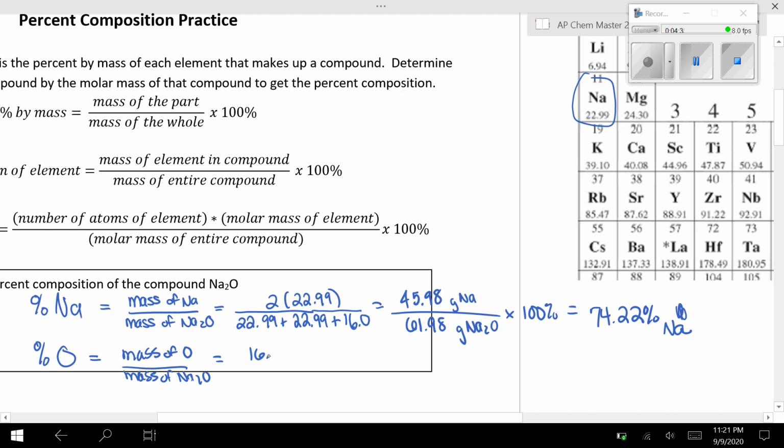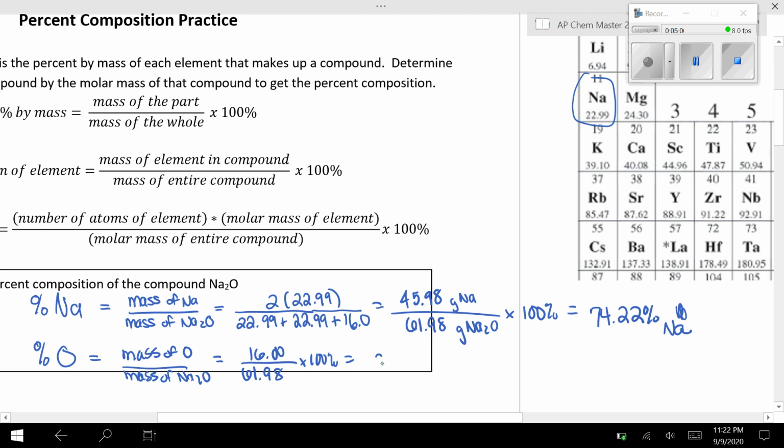The mass of oxygen is 16.00. And then let me just double check that our other one was right: 22.99 times 2 plus 16. Yeah, that seems right. 61.98, and then times 100, and that's going to give us 16 divided by 61.98. Hooray, they do match up.